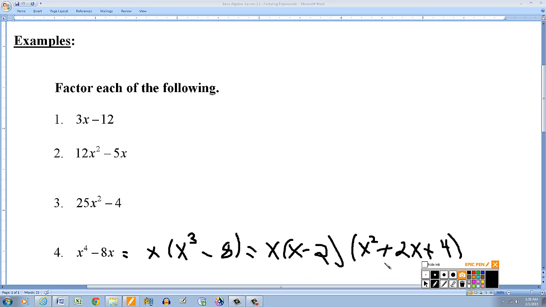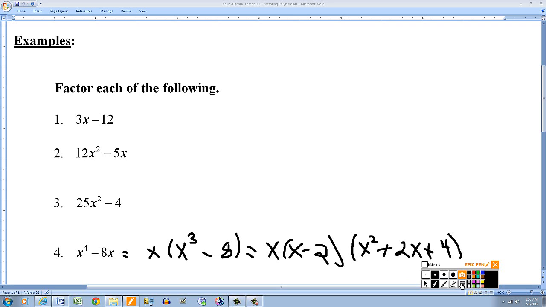Okay, so this one then factors into these three factors. The x squared plus 2x plus 4 is a trinomial. It's not going to factor any further, I should say. At least it won't factor over real numbers. Let me put it that way.